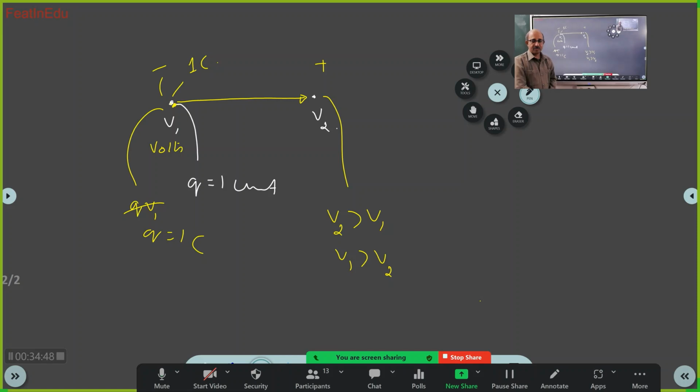Sorry, I moved the charge from a point V1 to another point V2. V1 is at lower potential, V2 is at higher potential.